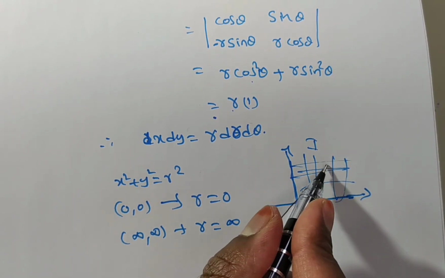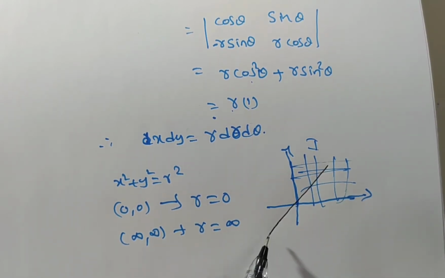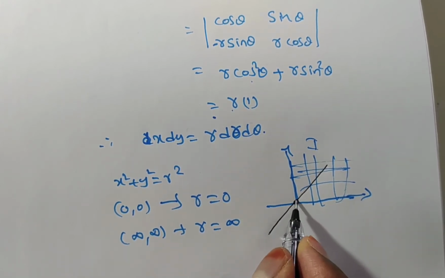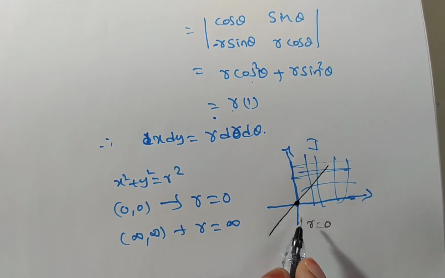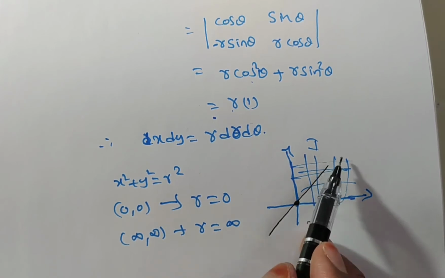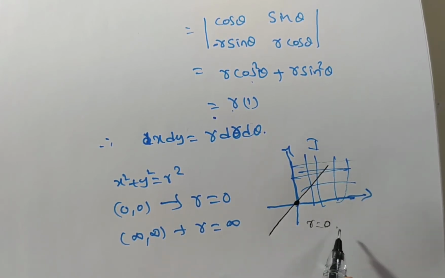This line we will call the pole in this case. Now where does the region touch? The region touches at r equal to 0, and the other end at the infinite point only. So r has lower limit 0 and upper limit infinite.